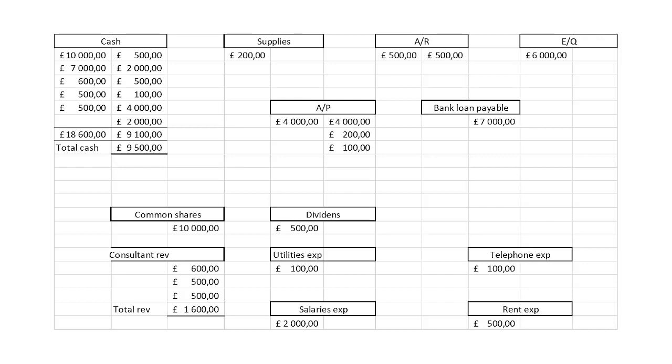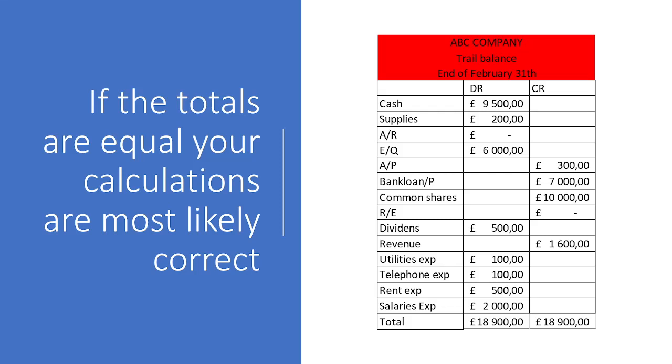When you have finished your T-tables, when it's all added, it's now time to do the trial balance. It should look something like this. And as you can see, if the totals are equal, your calculations are most likely correct. So as you can see, the debit and credit totals are equal, and it should be correct.